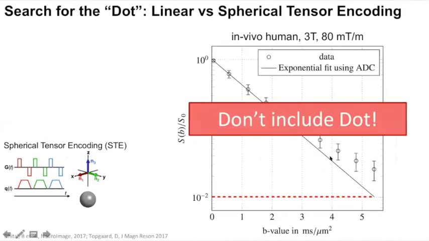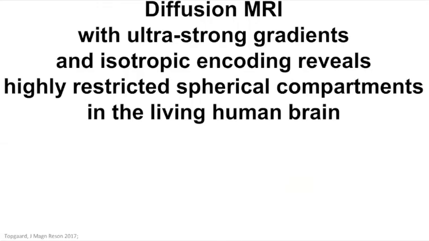They went up to B values of 5,400, and they found that there was no plateau. So they said to not include a dot compartment in white matter modeling based on this acquisition. But with clinical type gradients, the B values that you can achieve within a given TE are lower.